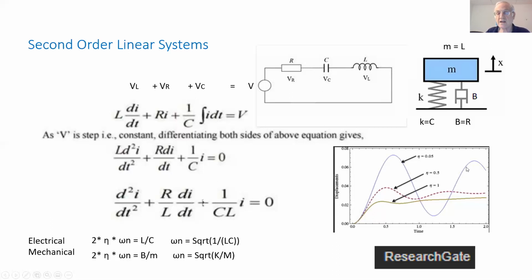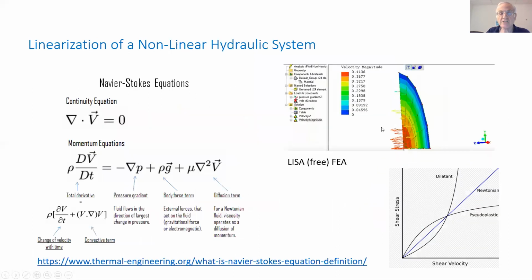So when we design a mechatronic system, and we would like to assure that we are not overshooting too much, then we'll have to pick an optimum set of parameters, such as the inductance and the capacitance, or the damping, the mass and the spring, to provide us the desired results.